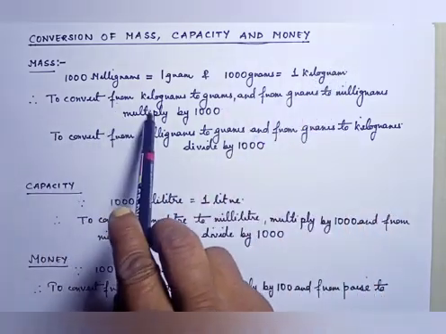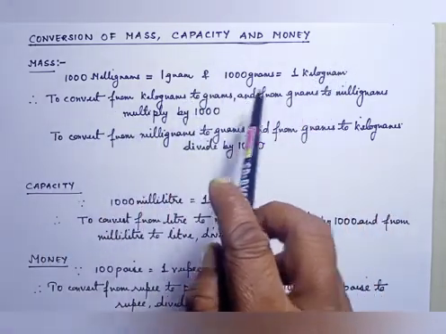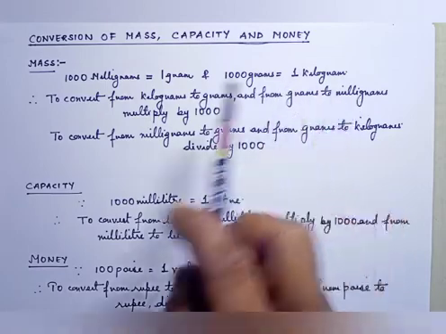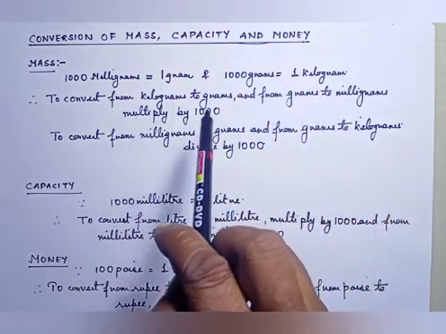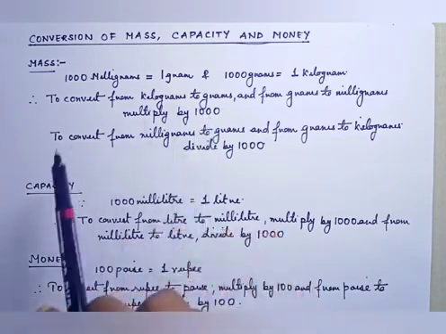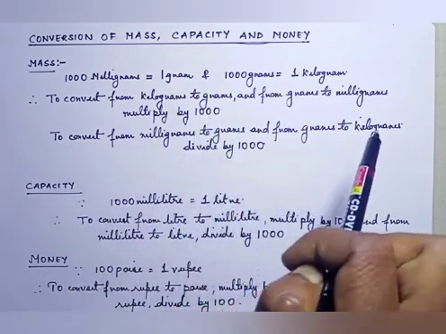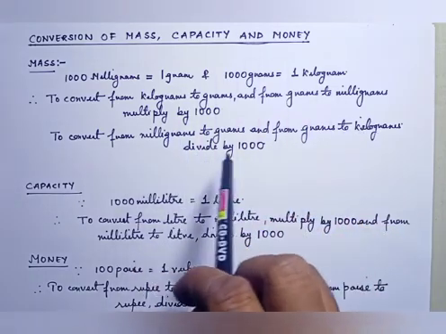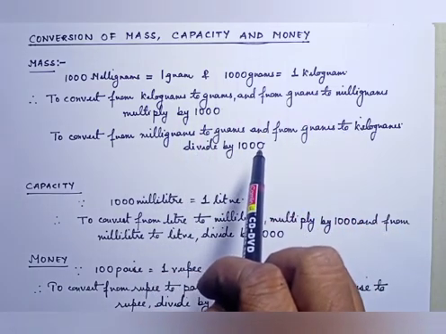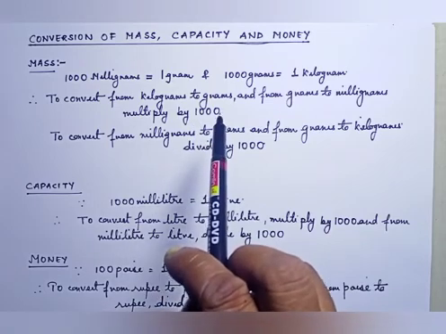Therefore, to convert from kilogram to grams and from grams to milligram, we multiply the given unit by 1000. And to convert from milligrams to grams and from grams to kilogram, we divide the given unit by 1000. I hope it is clear to everyone.